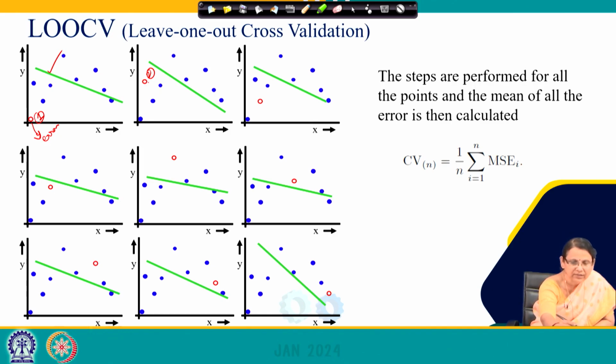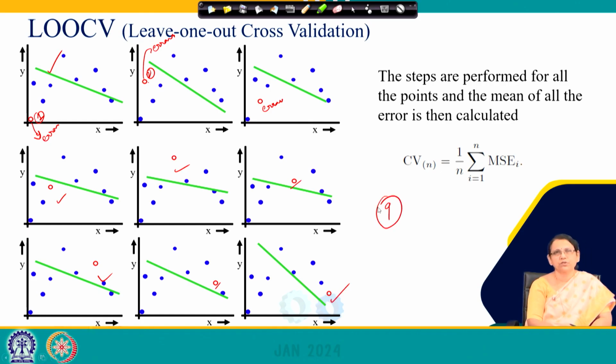Leaving this out, with the remaining points we have this green line fitted. As a result, we have to find the error with respect to this point. These are with respect to all these points which are left aside here, here, here, here, here and here. So, a total of 9 times I have to carry out this procedure. It makes sure that every point individually is taken care of.